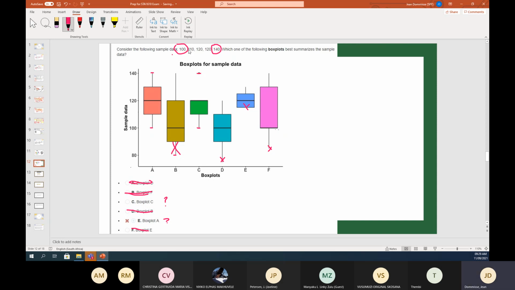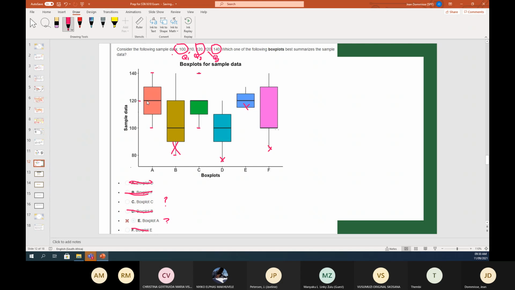The next one that we look at is Q1 and Q3, and the median. So let's first get to the median.